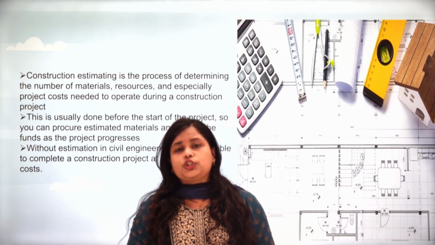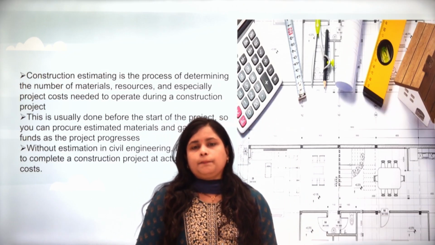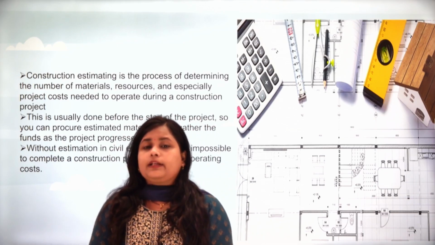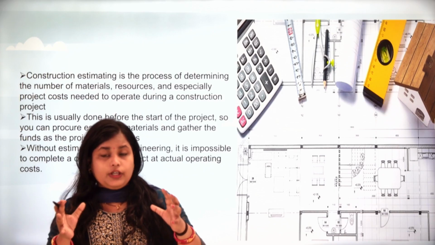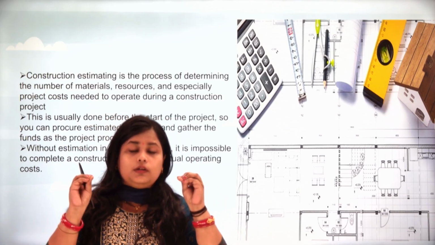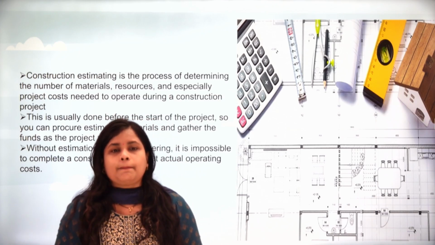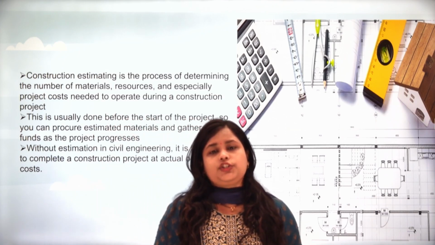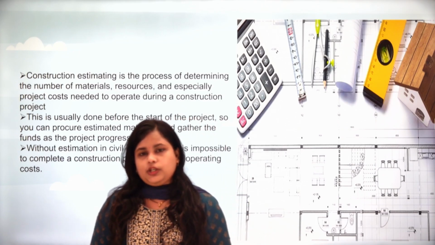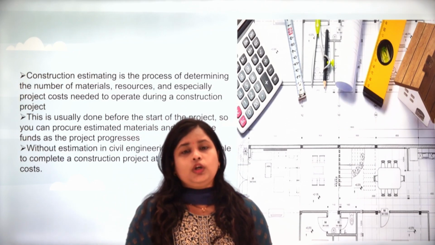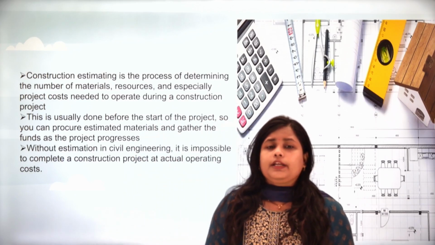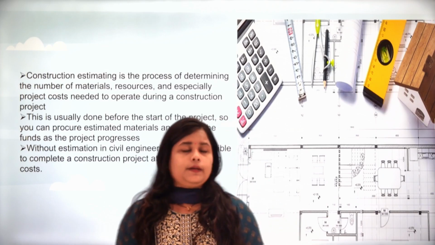That's why we have to calculate it, we have to estimate it, we make the map, we make a good plan. Without estimation in civil engineering it is impossible to complete a construction project, for giving the operating cost.